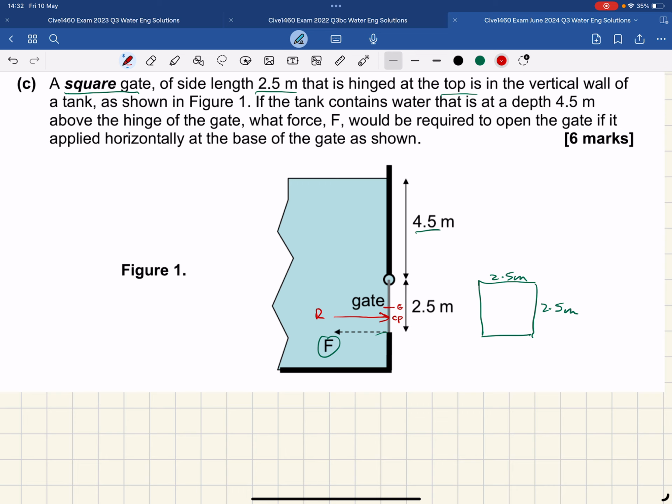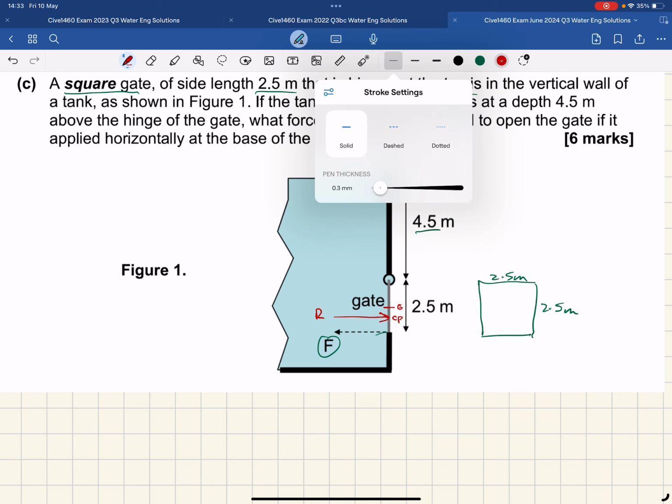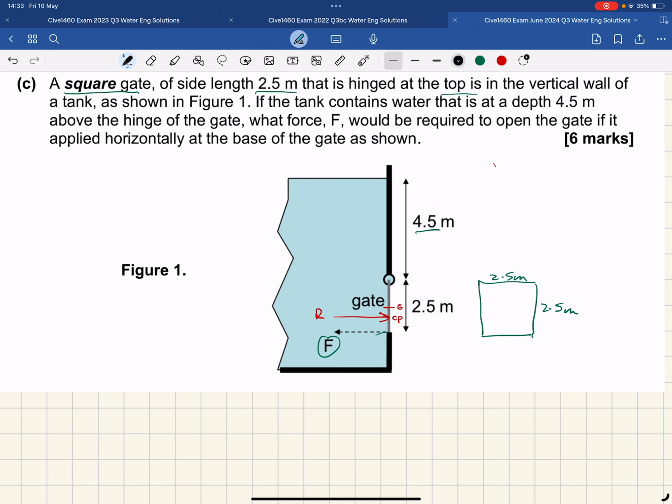So we need to find R, we need to find CP. Might just draw some extra labels on this diagram now. We can draw dimensions here. This depth is SC, the depth to the centre of pressure, and we have a line down to the centre of gravity, which is Z bar. Okay, we only need to calculate those.